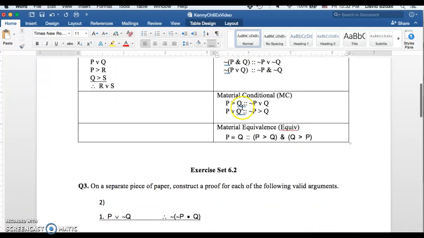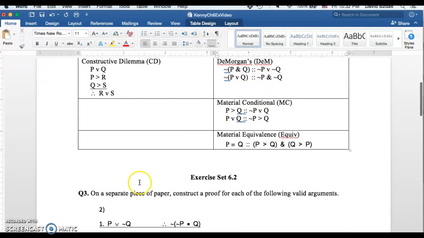So our first problem, it looks like we have something that kind of looks like this, and our conclusion looks kind of like this. So we'll probably use De Morgan's. But the difference here is, here we have P or not Q. Here we have not P or not Q. So we need both of these disjuncts to be negated. Here we only have one disjunct that's negated.